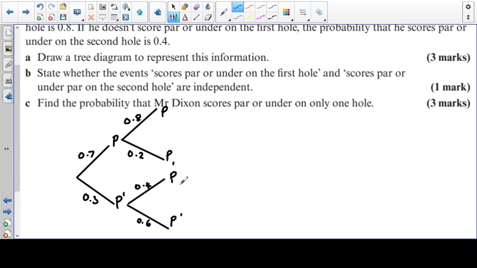So there's the tree. State whether the events "scores par or under on the first hole" and "scores par or under on the second hole" are independent. If they were independent, these two would be the same.